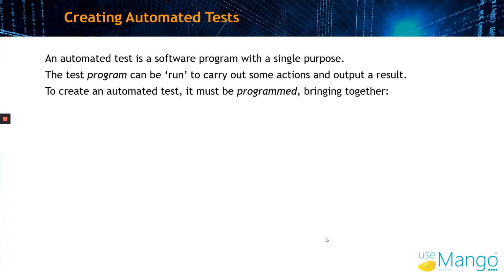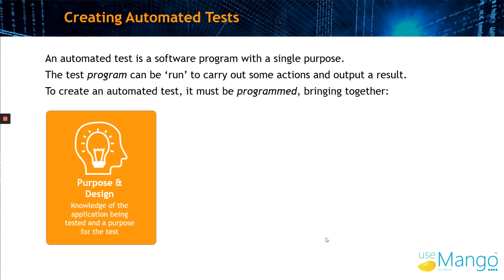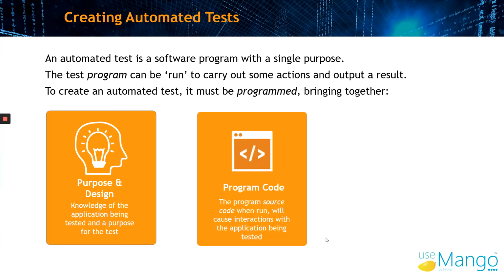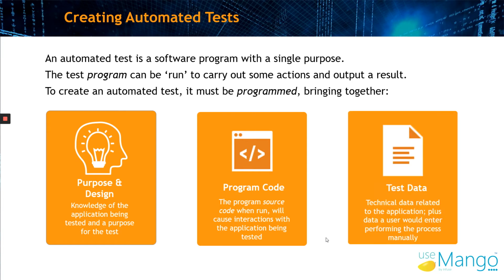The different aspects of automating tests are having an idea what you need to test, and knowledge on how to work the application and what needs to be tested. Then you require some program code which gives the instruction to the computer to carry out the test. You also need data, and this data could be something the user recognizes when they are using the application. It may be data related to the technical aspects of the application, such as how to interact with a particular part of the screen.